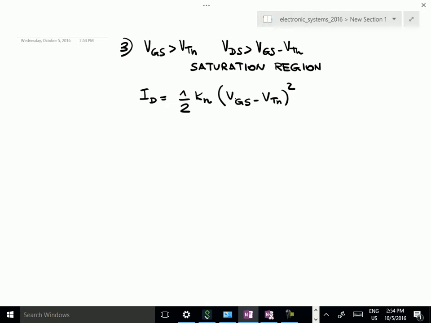As you might recall, for analog applications, the saturation region is the important region of operation, because in the saturation region the transistor behaves as an amplifier.